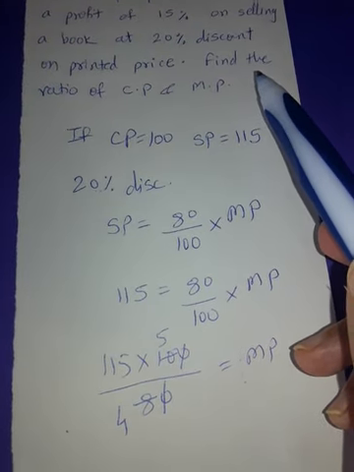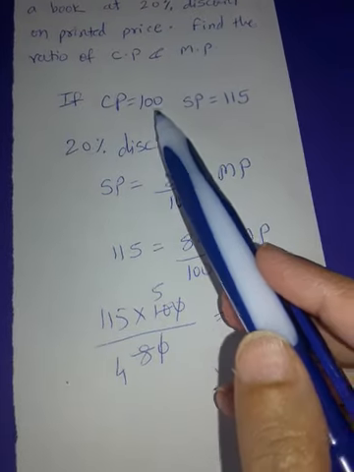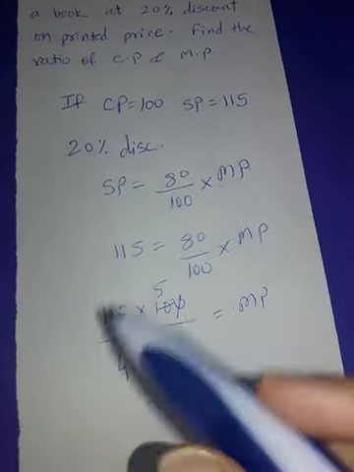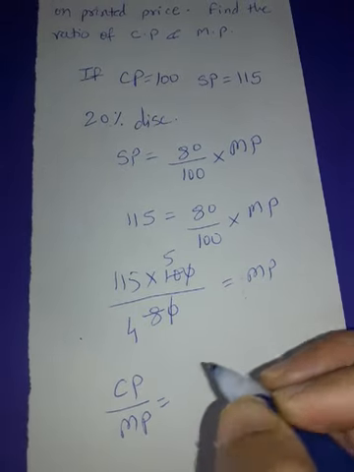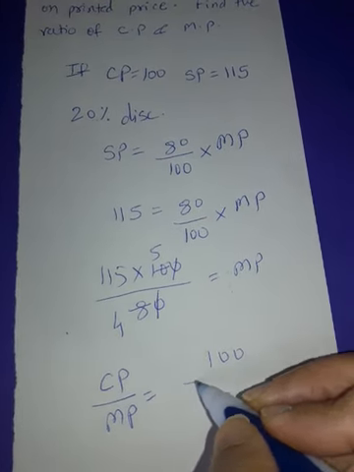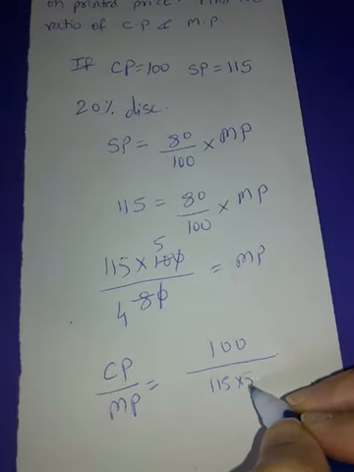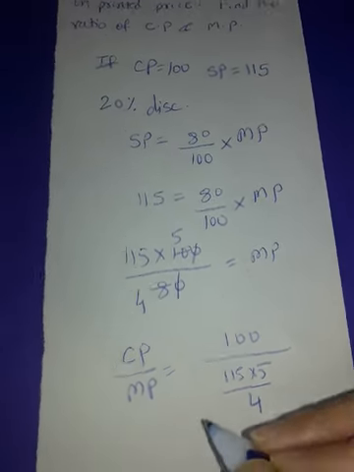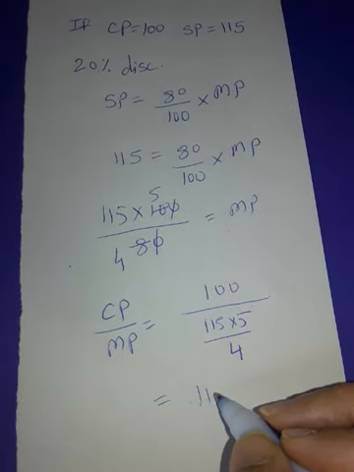Now we want the relation between cost price and mark price. Cost price is 100. Ratio of cost price and mark price, so cost price upon mark price. Cost price is 100, mark price is 115 into 5 upon 4. And how to solve this? Division means multiplying by the reciprocal.